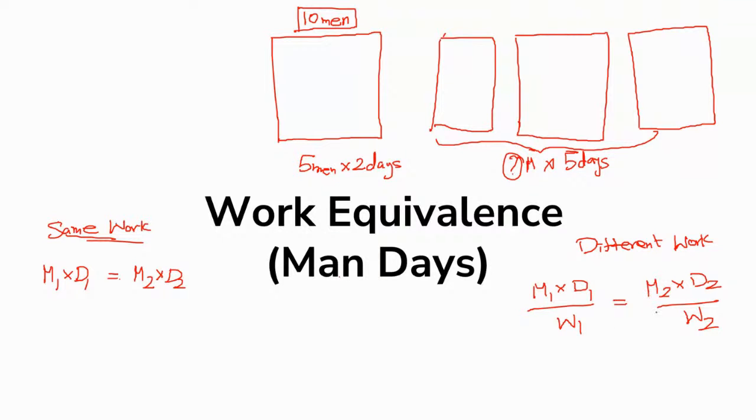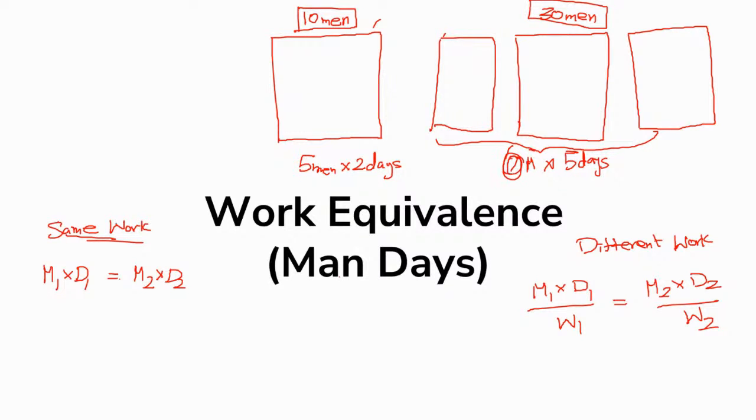So for constructing three such buildings, we need 30 men's total work. For one building, it is like 10 men's work, so three buildings is like 30 men's work. So in that case, what into 5 will give you 30 men's work?